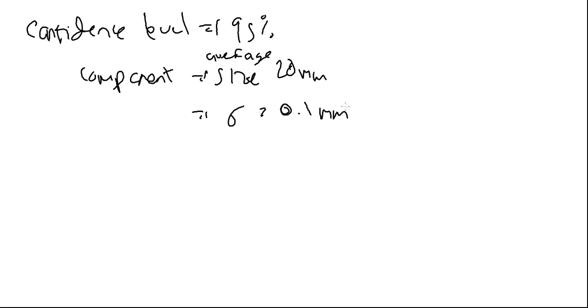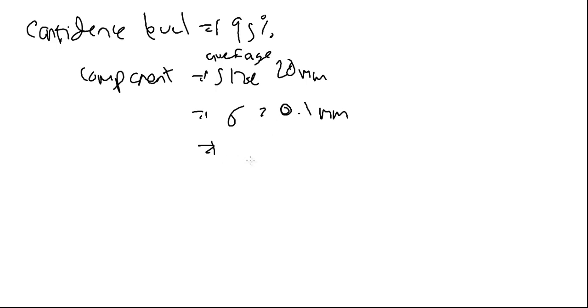So every component is not identical. You try and make it standard size, but there are little fluctuations. So in the end, you're making some which are slightly bigger, some which are slightly smaller, and that's described by the standard deviation.